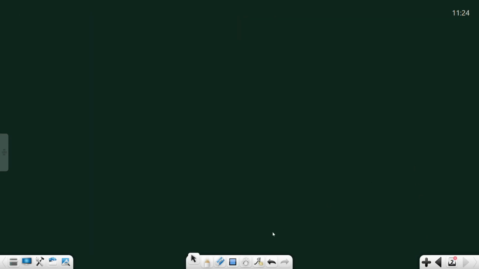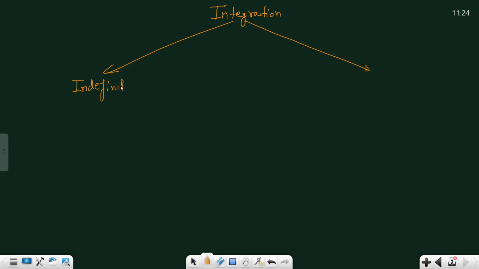So integration is of two types. The first one is indefinite. In indefinite integration, we don't know the limit.